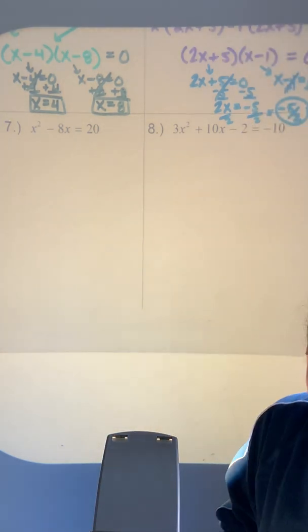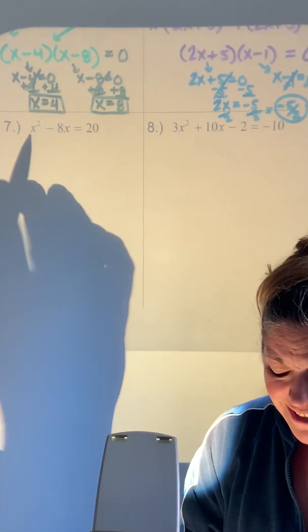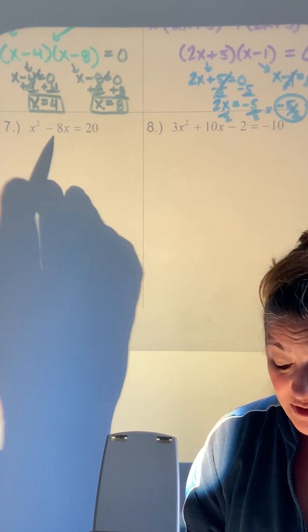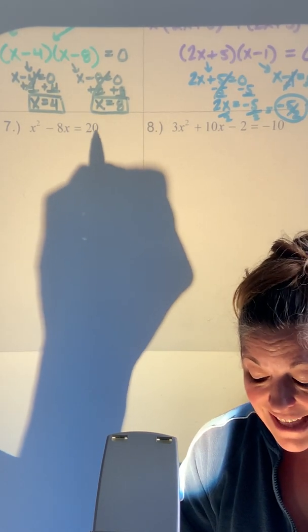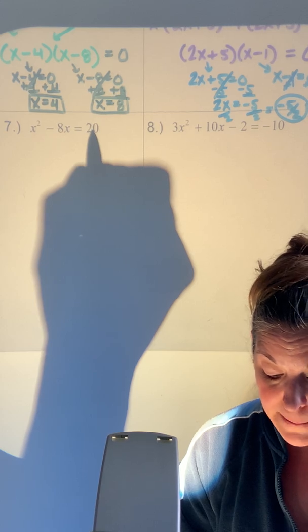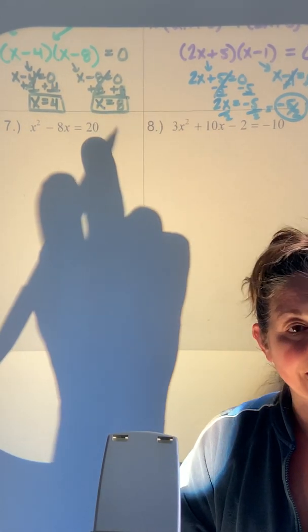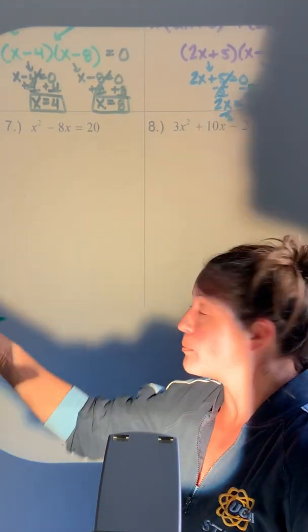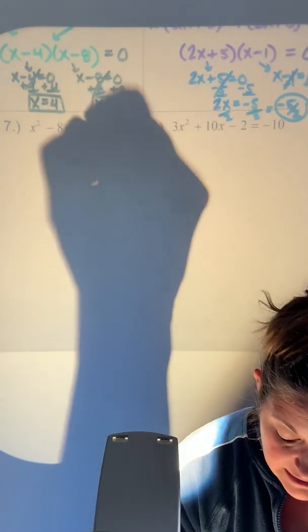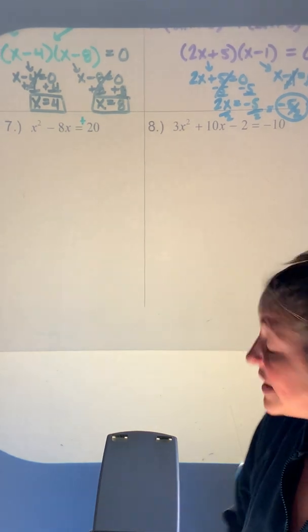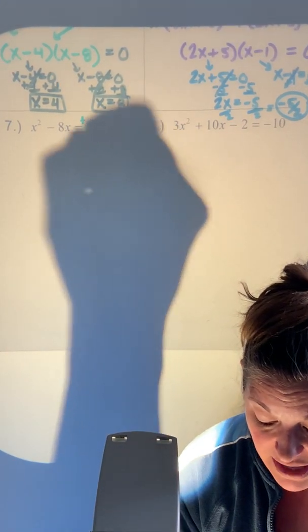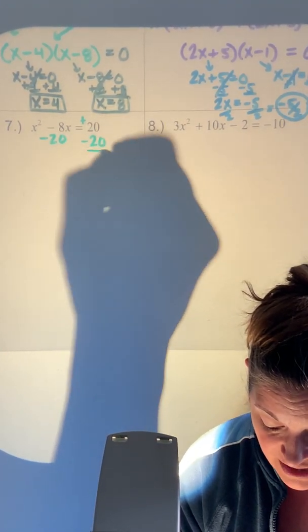So for number 7, guys, notice you've already got your x squared and -8x over here. So this is the guy that needs to move, okay? No sense moving 2 people to the right when it can be accomplished with just moving 1 person to the left. He is technically a +20, so to move him, we'll have to make him a -20.